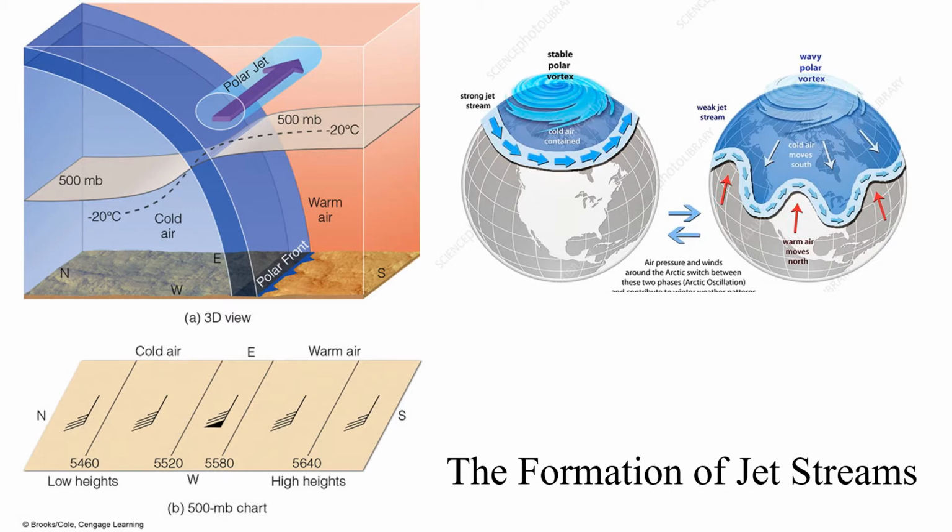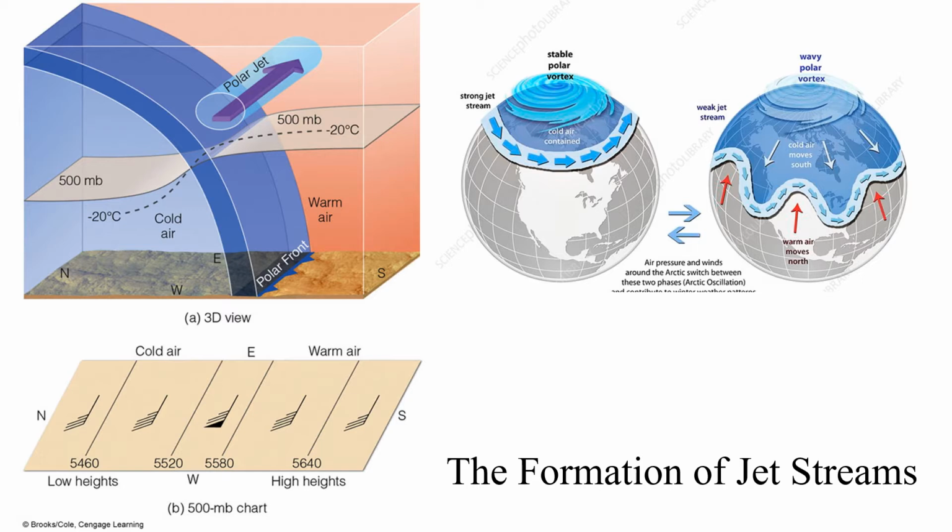Horizontal variation in temperature and pressure offers the main reason for the existence of the polar jet stream. If you are looking at the left upper corner of the 3D model, it shows a side view of the atmosphere in the region of the polar front.